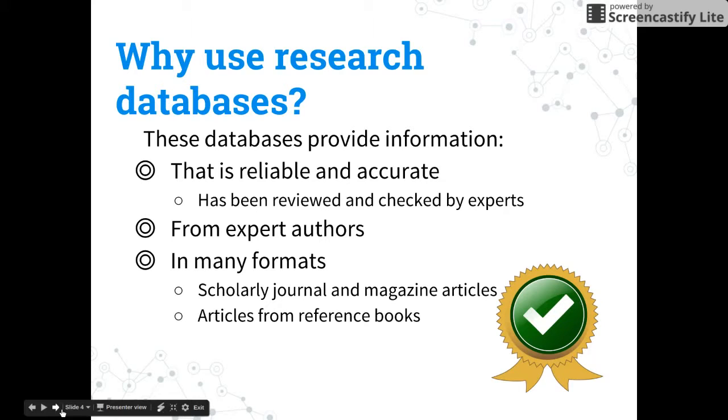This means that these research databases give us higher quality information that we can trust to be accurate. This is the type of information that is very helpful to learn more about our topic. So, we're using databases because they store a lot of information, we can search them easily, and also because the information contained there is reliable and accurate. It's a better quality of information.